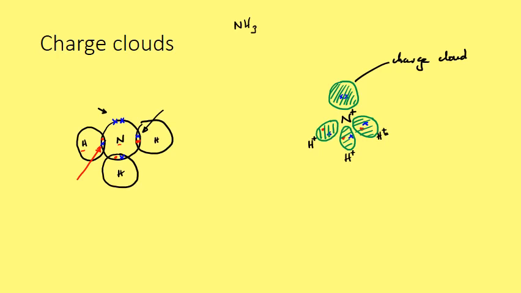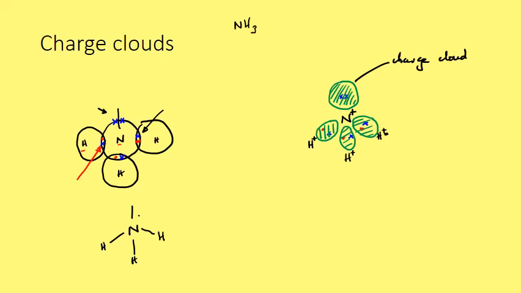So if we go back to our first diagram of ammonia, you have to remember that in reality this is 3D. So if we had nitrogen in the middle, like this, and we would represent this line to be our bonding pair of electrons, and then you would have a 3D sort of pyramid shape for the covalent bonds to the hydrogen atoms.